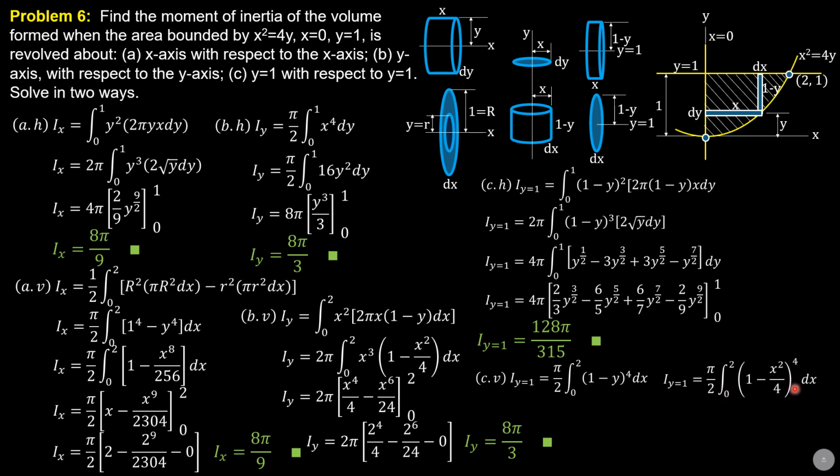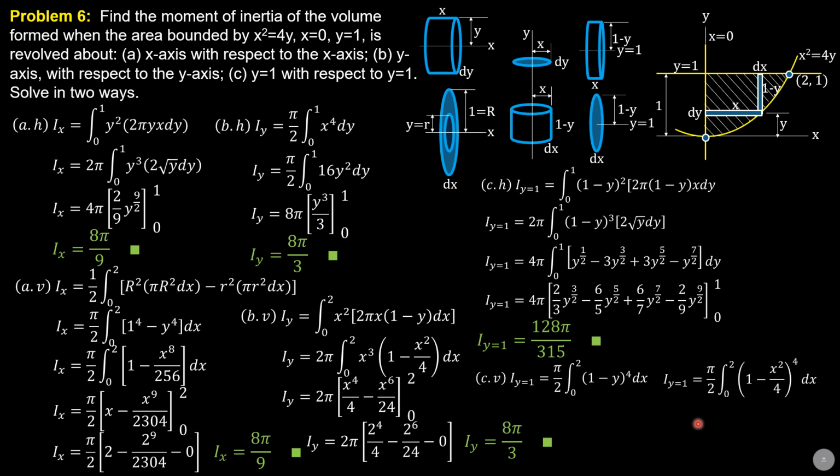So you just expand that. That's 1 to the fourth. So 4 times 1 cubed times negative x squared over 4. That's negative x squared, second term. Then third term, 6 times 1 squared times negative x squared over 4 squared, and so on and so forth. Just remember the binomial expansion theorem or Pascal's triangle in expanding that.